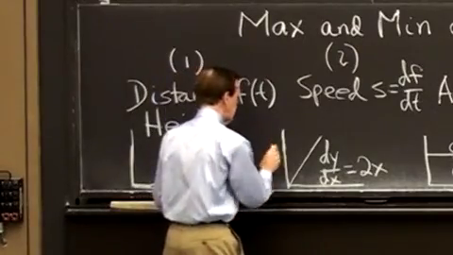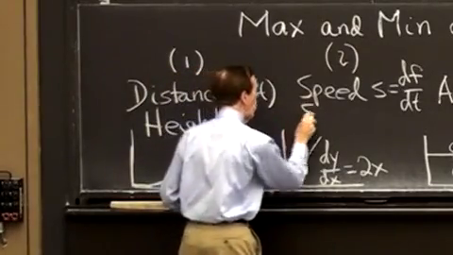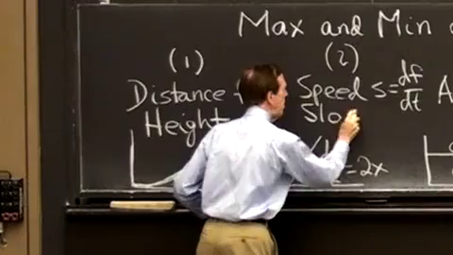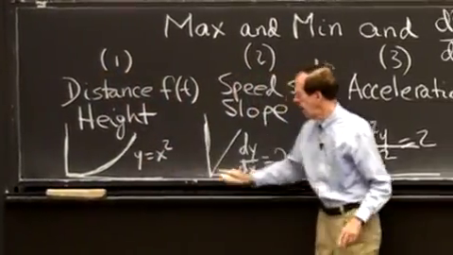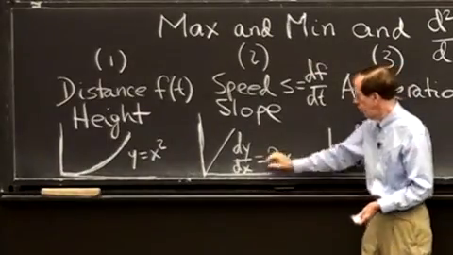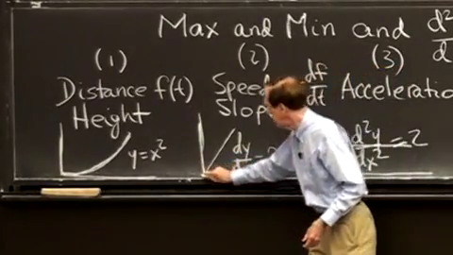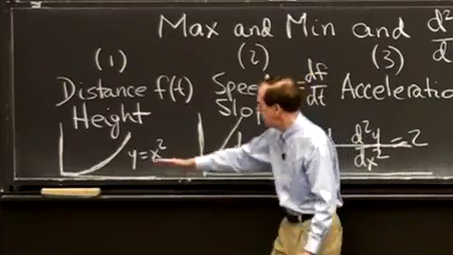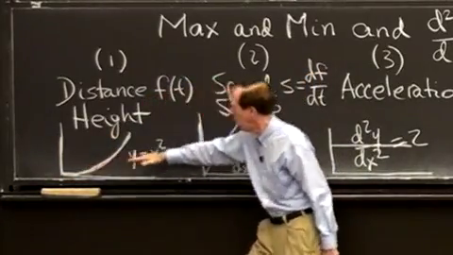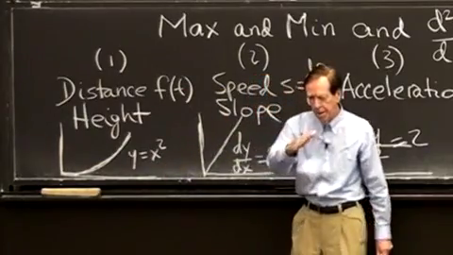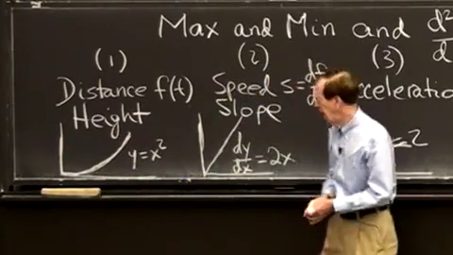Here would be the slope. I would use the word slope for the second function. And the slope of y equals x squared, we know, is 2x. So we see the slope increasing, and you see on this picture, the slope is increasing. As x increases, I'm going up more steeply.